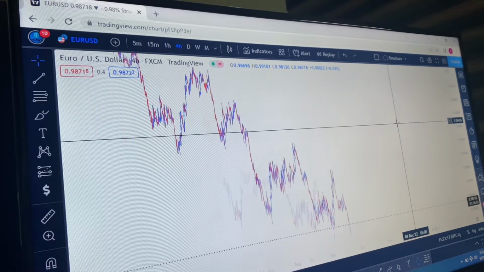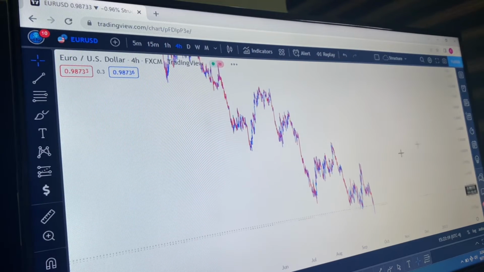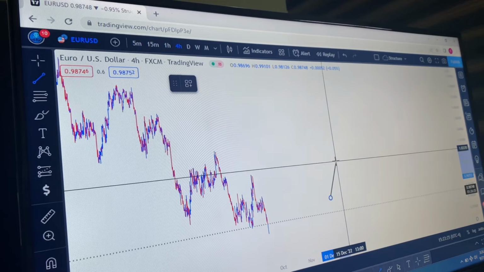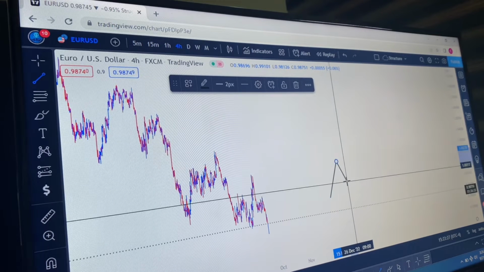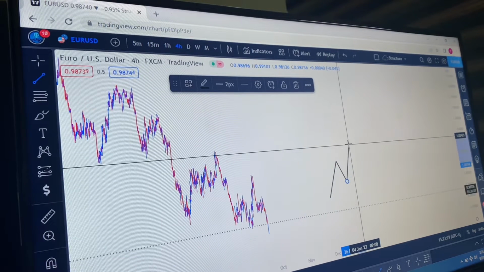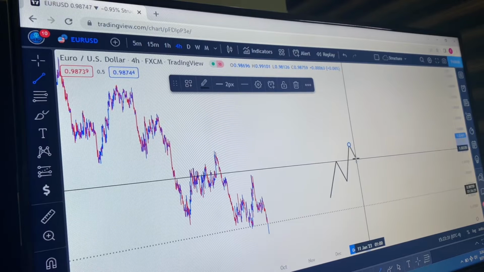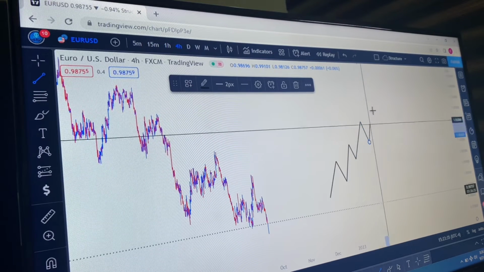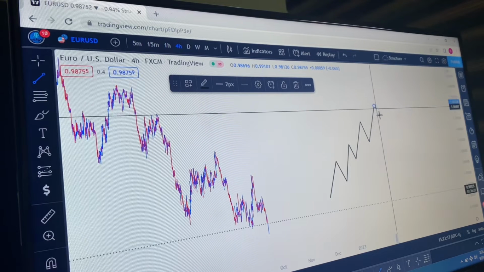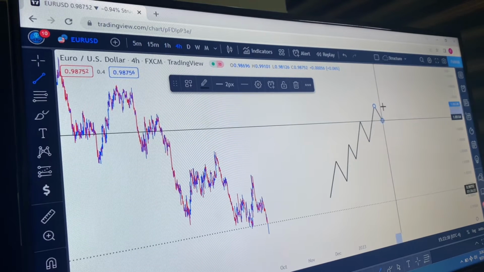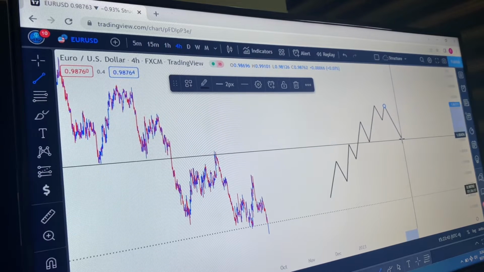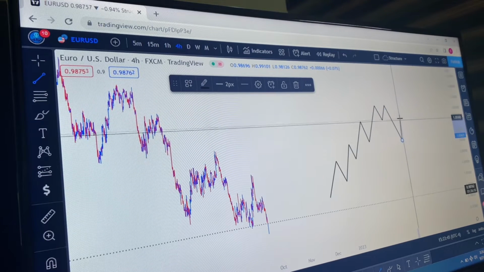So what do I mean by support and resistance here? Just like I've explained before, this is how the markets move. Just like everybody knows, the market moves like this: we go up, we go down, we go up, we go down, we go up again, we go down. Let's say we have our double top there.